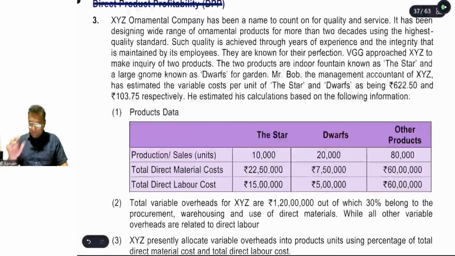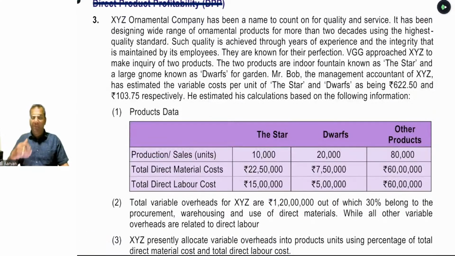The question would be somewhat more special if such detail had not been given. They would provide us the details at point number 1, point number 2, and point number 3. Based on points 1, 2, and 3, we can easily calculate the variable cost for the first product and for the second product.